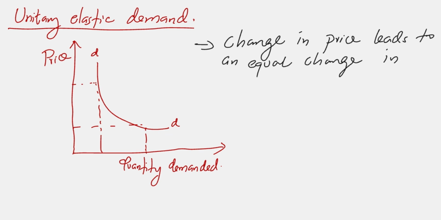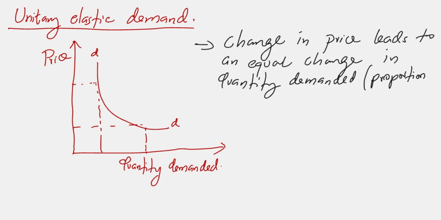But here you have to know that it's not just a change in price, the percentage change. I think I need to include that one in this statement, that you're talking about the proportionate change in the price will lead to an equal proportionate change in quantity demanded.